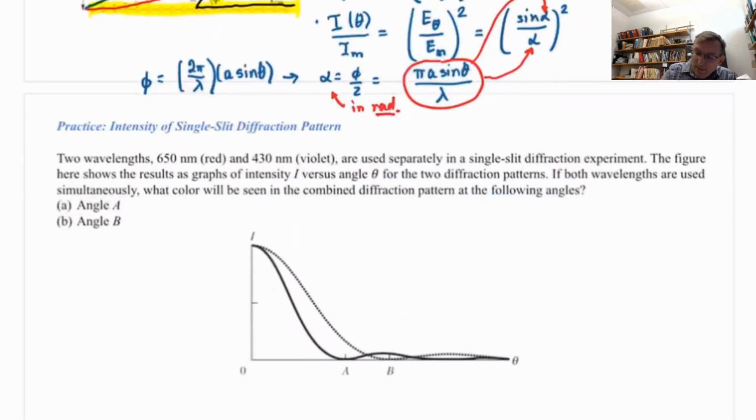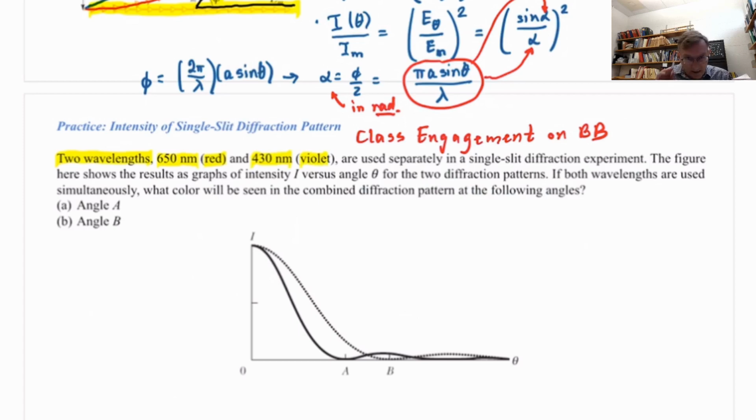Before we do that on Monday, here's a class engagement exercise for Blackboard. It goes like this: single slit intensity for a single slit diffraction pattern. We're going to use 2 wavelengths of light, 650 nanometers, which is in the red region of the visible spectrum, and 430 nanometers, which is in the violet region.